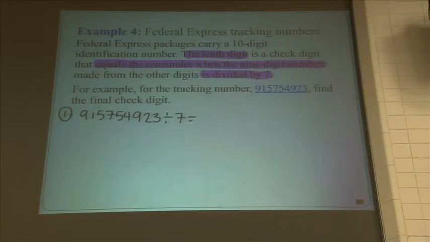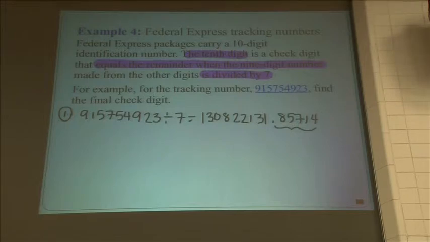And you get 130,822,131, and I got 0.85714. Now, that decimal at the end, like I said, that is not your remainder.